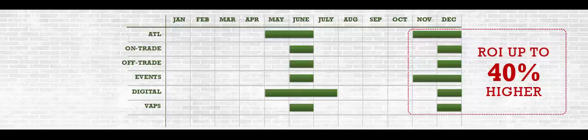Research has shown that return on investment can be up to 40% higher when marketing activities are synchronized. In other words, vertically coordinated on those key weekends or key weeks we just talked about. Hence the question, is our plan vertical and well synchronized, and not too horizontal?